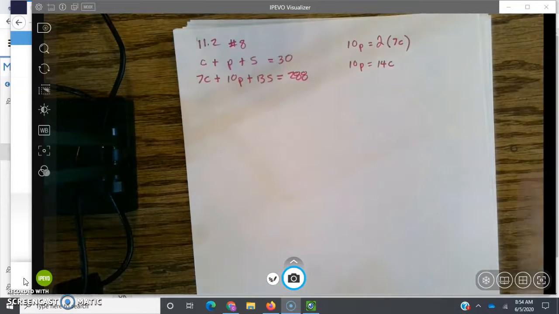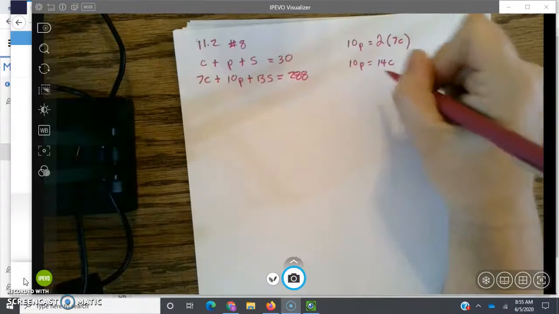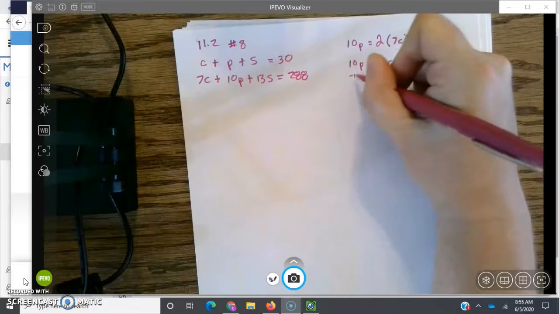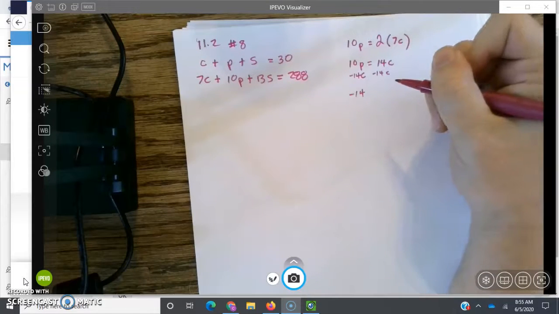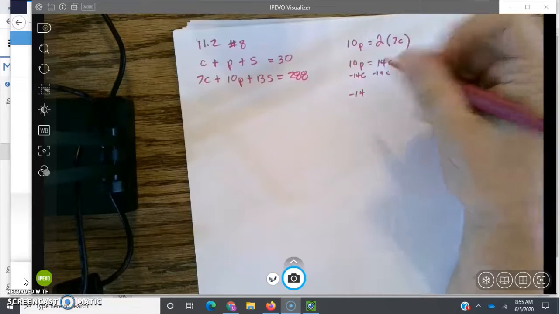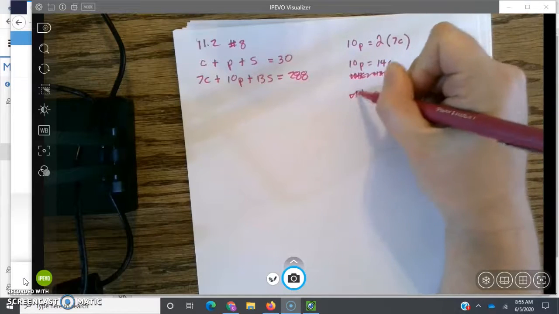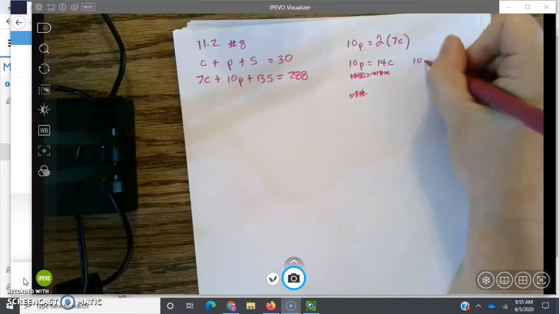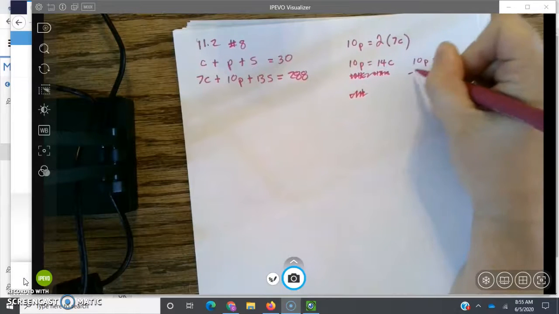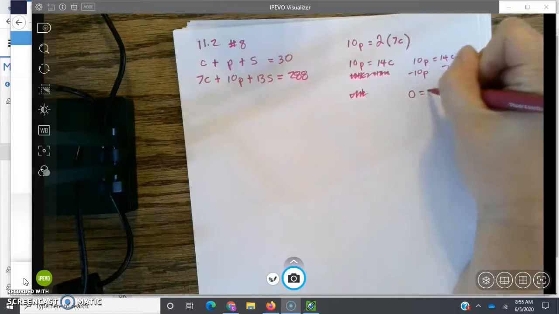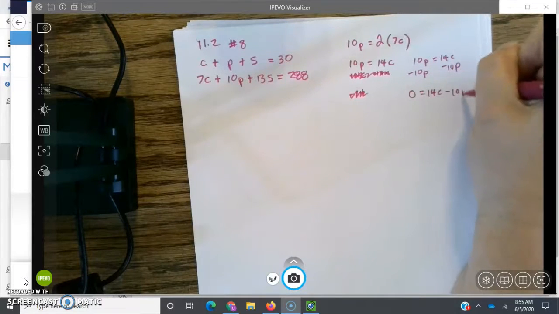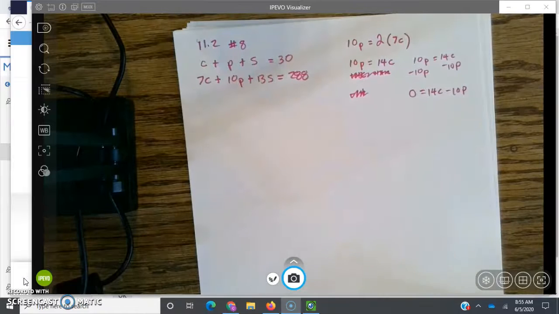So we want everything on one side together. Let's go the other way, just so it matches. Okay, so we have 14C minus 10P now, but it still doesn't quite look like the matrix.